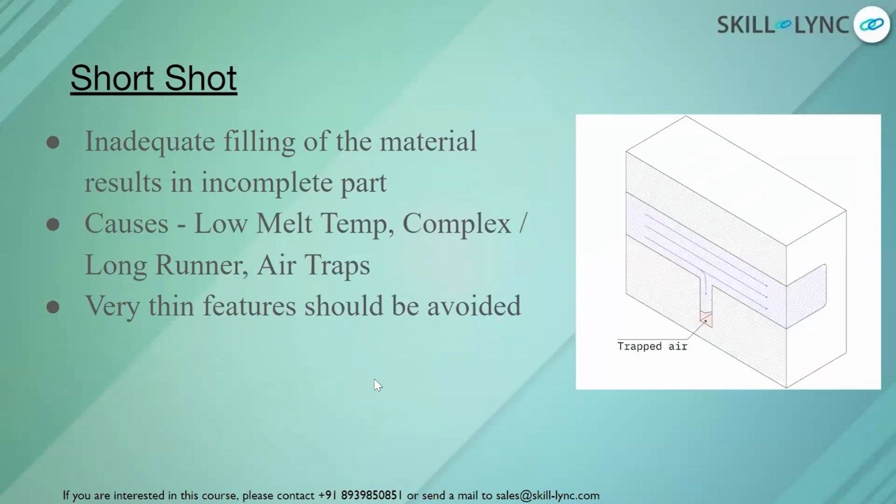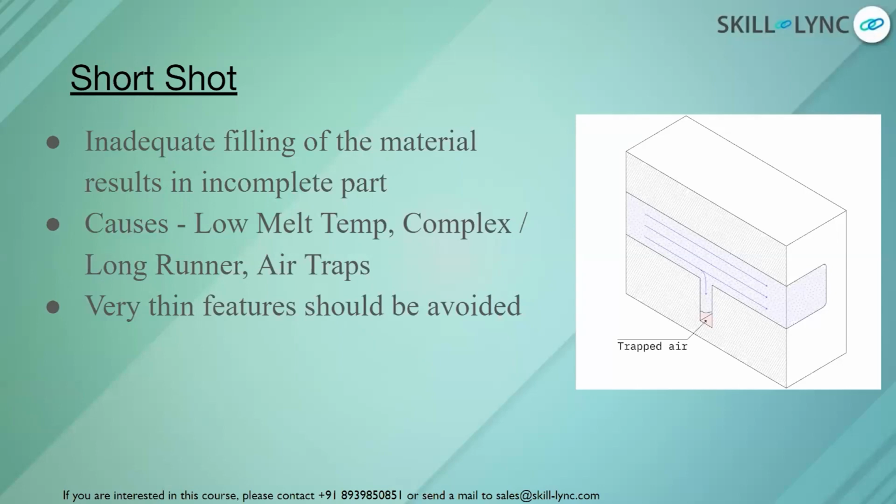Another plastic defect we generally see is called a short shot. Basically this is because of inadequate filling of material, resulting in an incomplete part being manufactured. There can be reasons like the injection pressure was not enough. There can be air entrapment inside the mold cavity when it's closed together, which doesn't allow the plastic to settle down into that particular area.